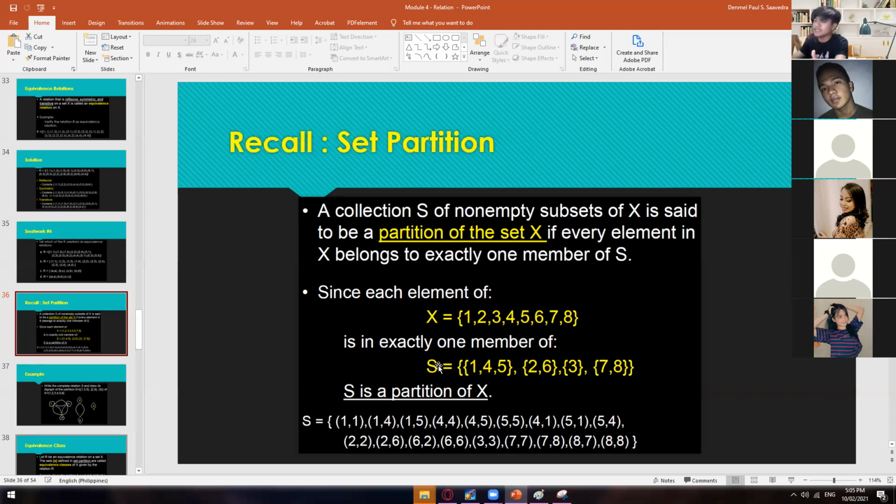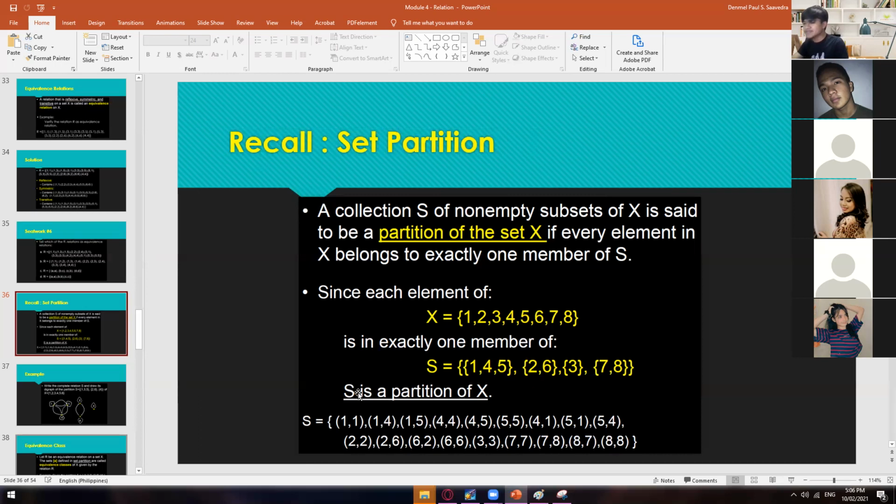And then we have the partition of that set, in symbol S, wherein we have sets inside a set: {1,4,5}, {2,6}, {3}, and {7,8}. As you can see, this one came from the superset. That is why this is called a partition of a certain set or superset.